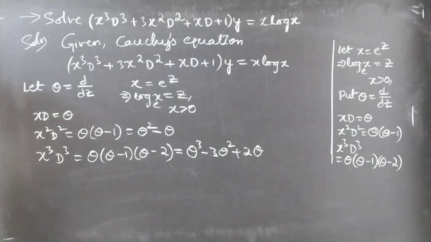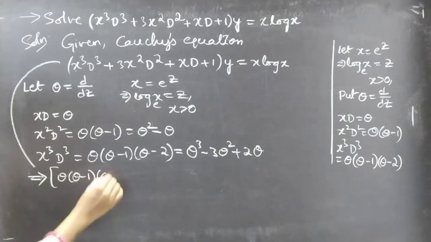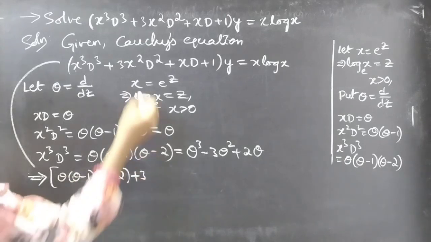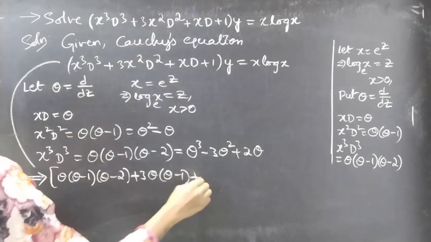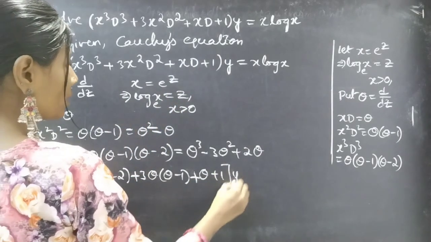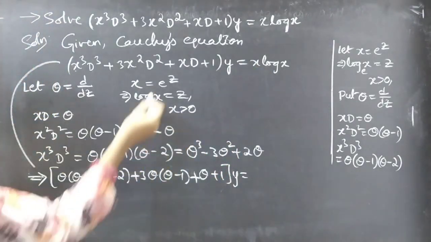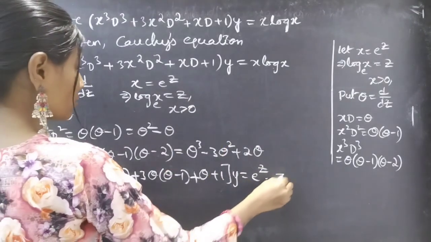Now the above equation becomes: replace x cube D cube by theta of theta minus 1 into theta minus 2, plus 3 into, replace x square D square by theta of theta minus 1, plus, replace xD by theta, plus 1, into y equal to replace x by e power z into replace log x by z.